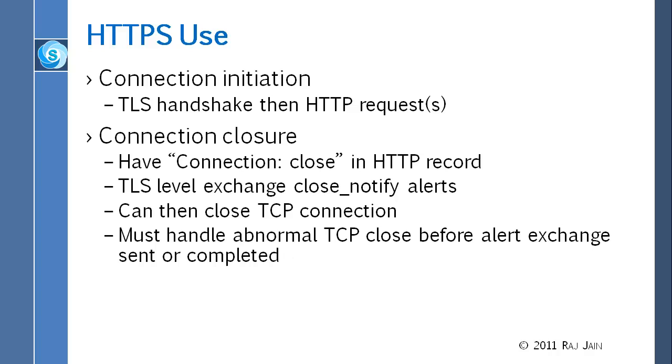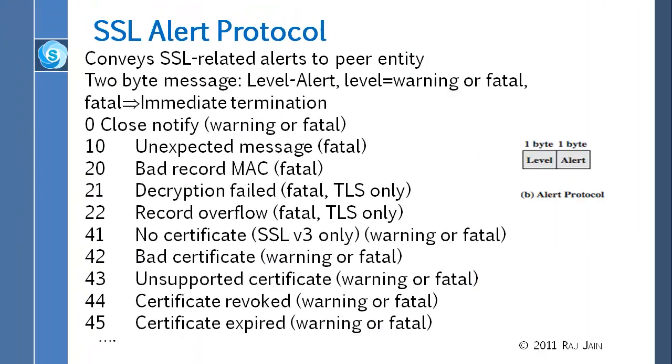Now, having said that, it is quite possible that the TCP may have to be closed abnormally. Something happens and the TCP connection cannot reach, something like that, right? So that case is handled. Must handle abnormal TCP close before alert exchange is sent or completed. Remember, one of the alerts was close, which simply says that I want to close the connection now, and which is a normal thing.